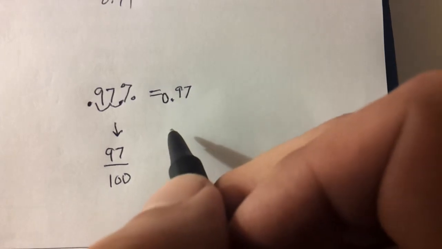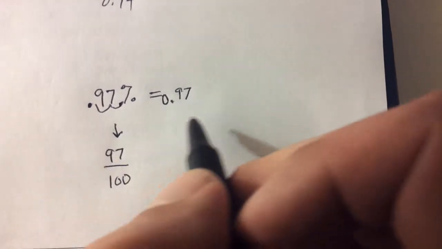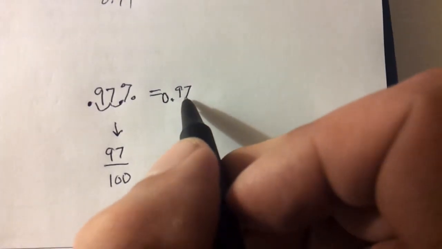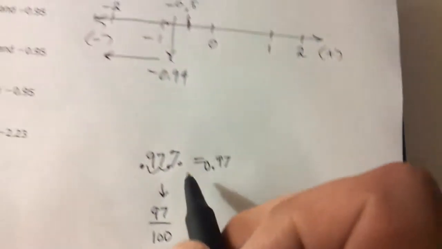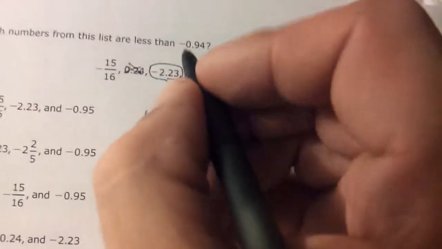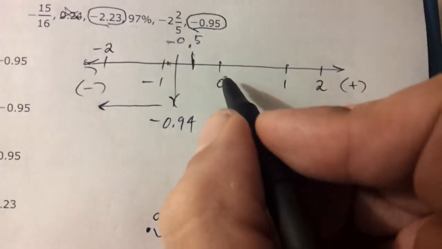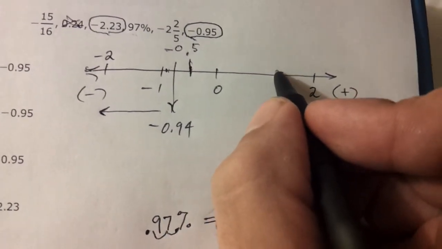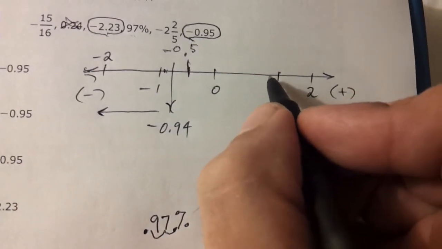Those things all mean the same thing. So you can just take your percent and move your decimal point over 2 places, and that tells you 97 hundredths, because the 7 is in the hundredths place. 9 tenths and 7 hundredths. So that's out because that's really close to 1, and that's on the positive side, so that doesn't work either.